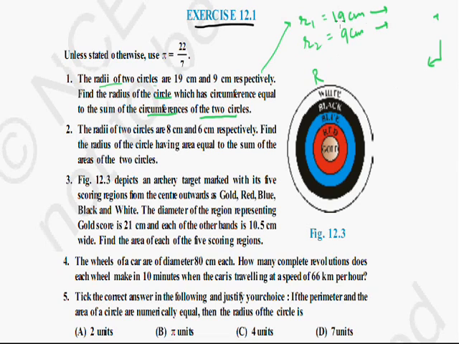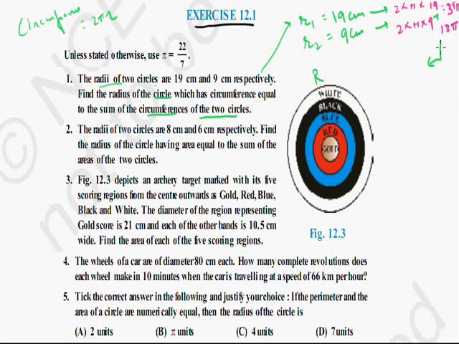Now the circumference of a circle is 2 pi r. For the first circle, that is 2 into pi into 19, which is 38 pi. For the second circle, it is 2 into pi into 9, which is 18 pi.